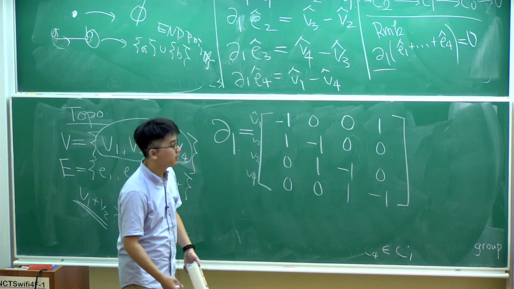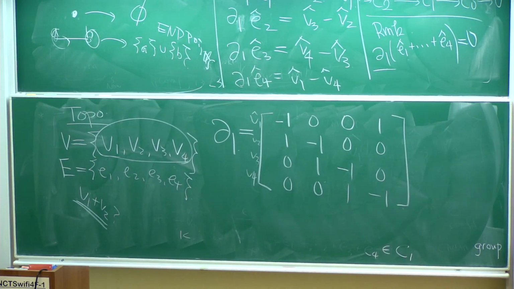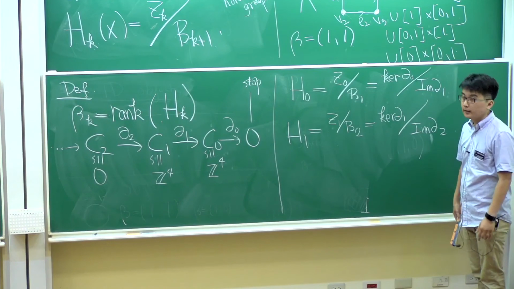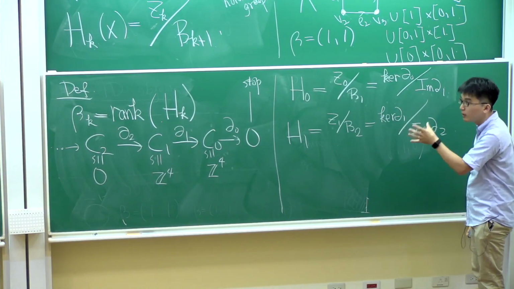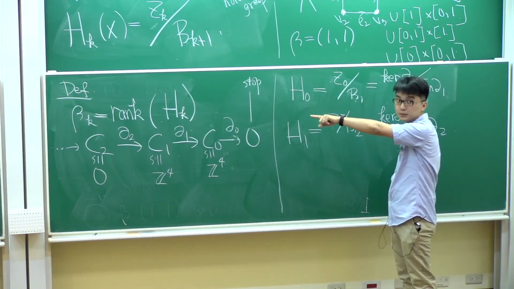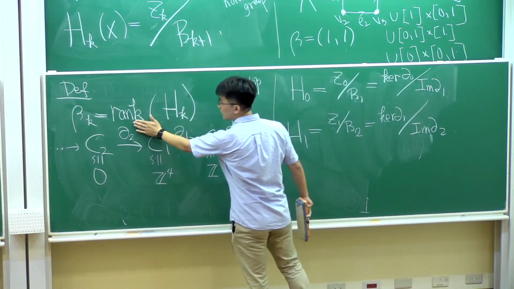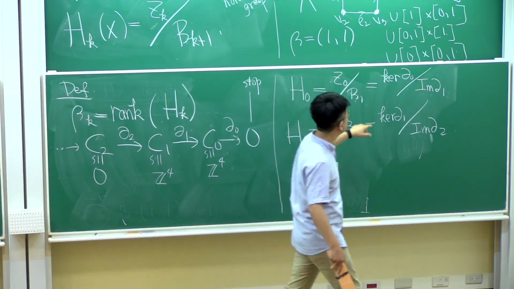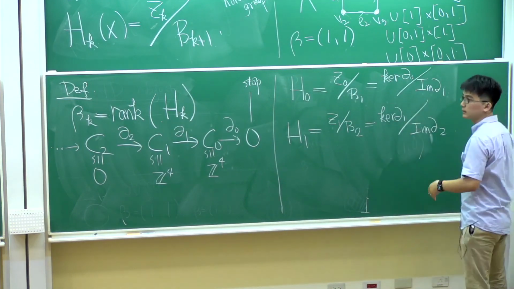And now, what do you need to know? You need to know the kernel. You need to know the image. In fact, in the current application, we only care about the Betti numbers. We only care about the Betti number. So really, you only care about the rank. So how do you find out the rank of a kernel, and the rank of an image?